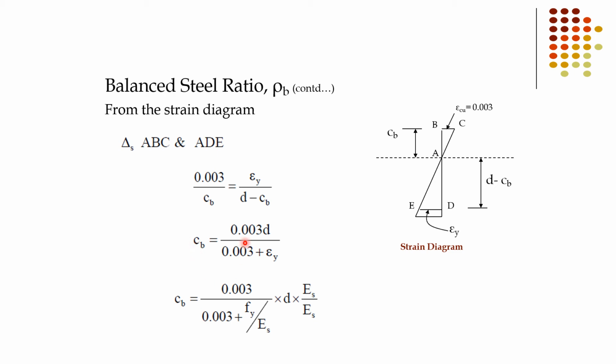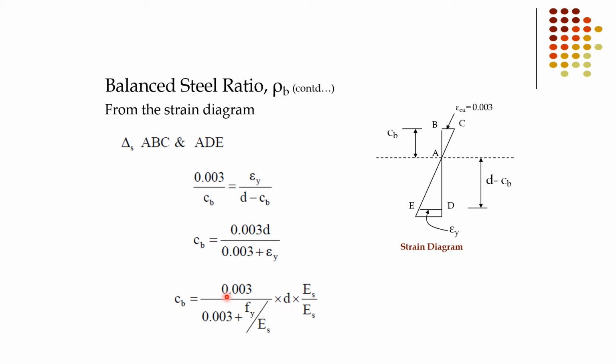Now I put the value of strain y, that is fy over Es, where Es is the modulus of elasticity of steel, basically 200 into 10 raised to power 3 megapascal.